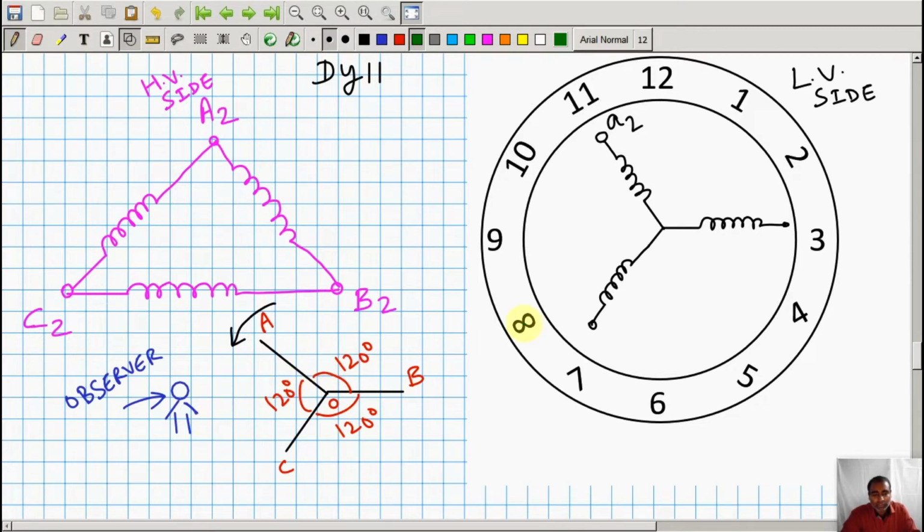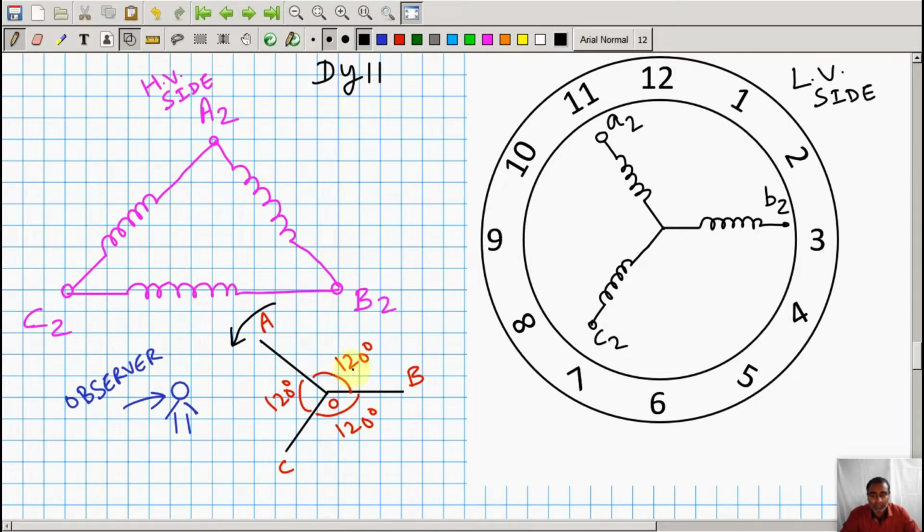So based on this logic, we can say that if you are having A2 here, and this thing is rotating in this way, you should have B2 here, you should have C2 here. You can just compare with this one, because the phase sequence is ABC.